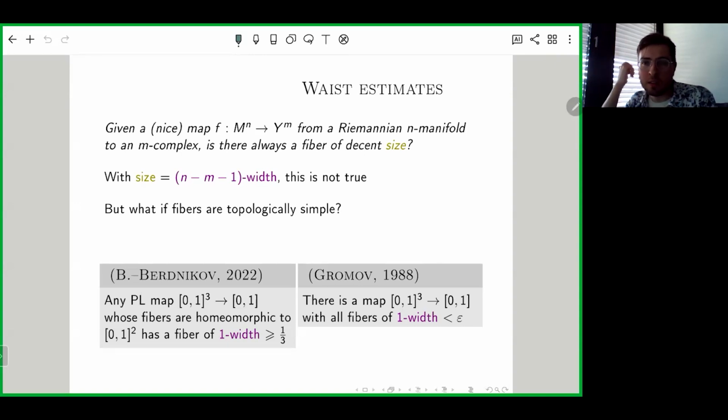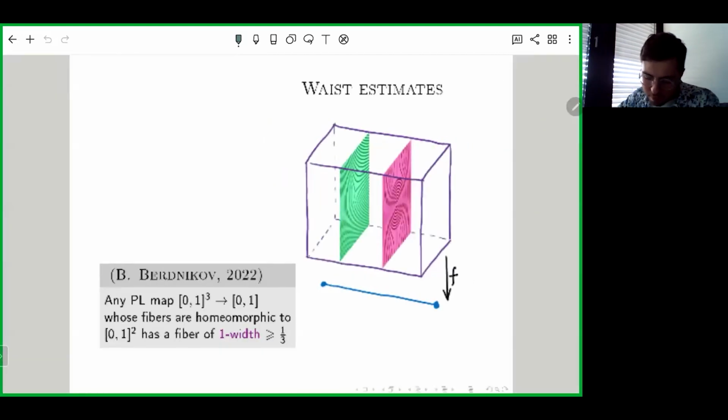The prototype question can be answered in the affirmative with non-sharp bounds on the width. I have some pictures to show how the proof works for this specific case.